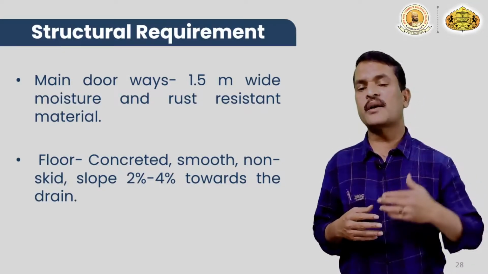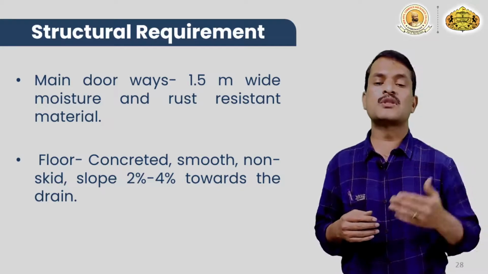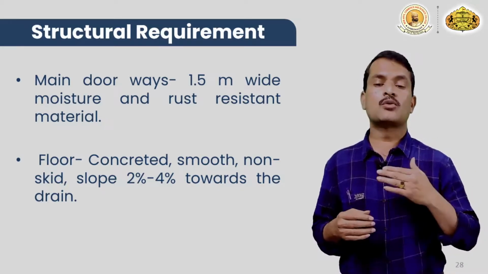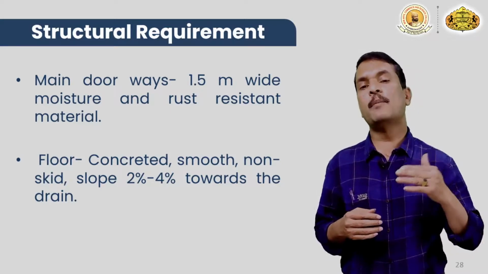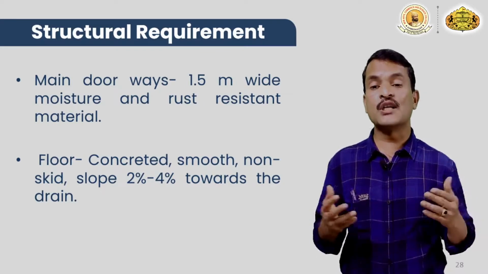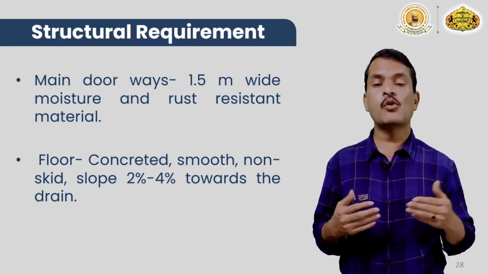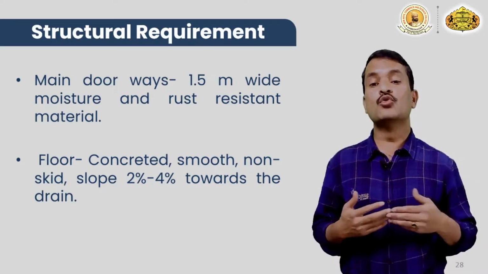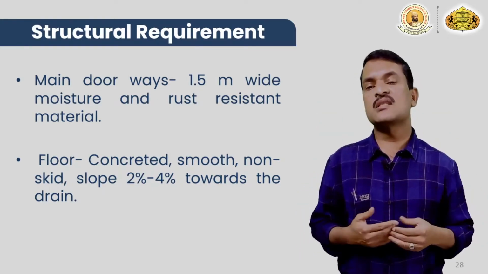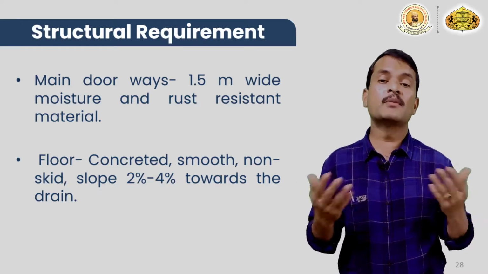One more important thing regarding the floor is the slope. It should have a slope of 2 to 4% towards the drain, so that while washing, it helps us remove all the water used for washing. These are the main structural requirements of the plant tissue culture laboratory.